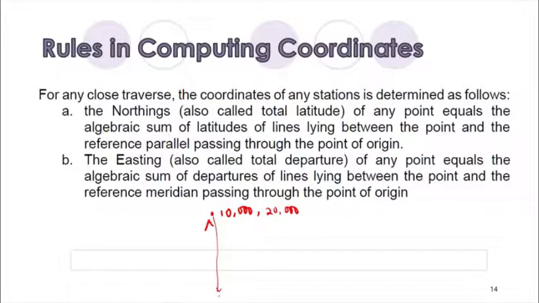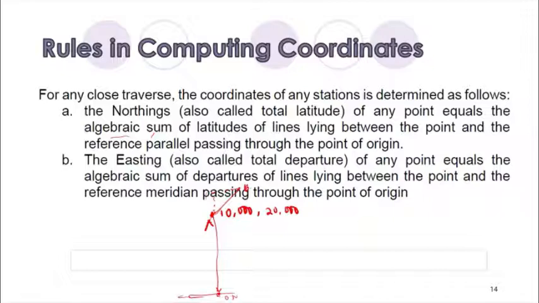The distance from this line to point A is actually the latitude of the line from origin to A. If we have another point B and we are after the northings, we have to add again the latitude. That's why it is stated here that it is the algebraic sum of latitudes of lines.